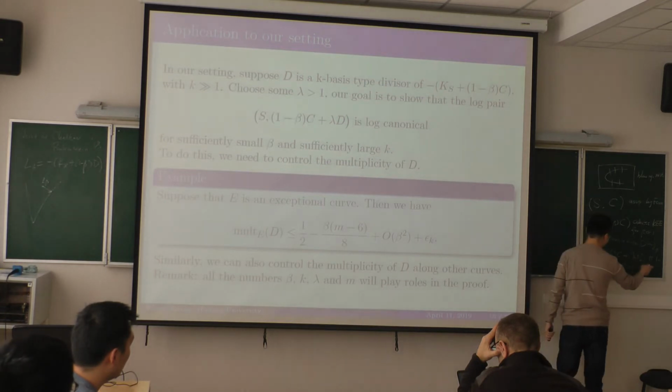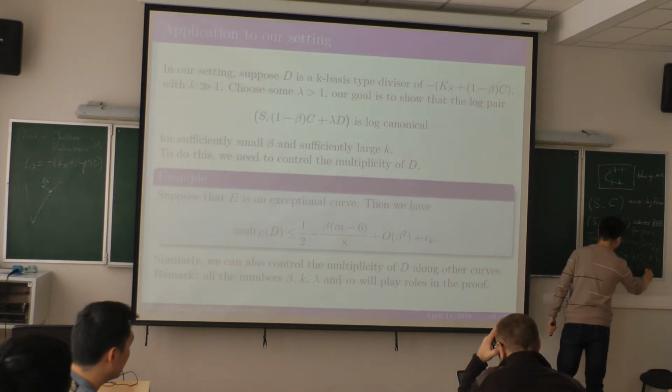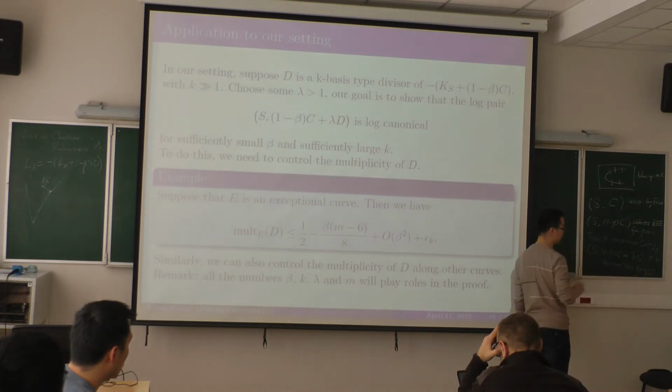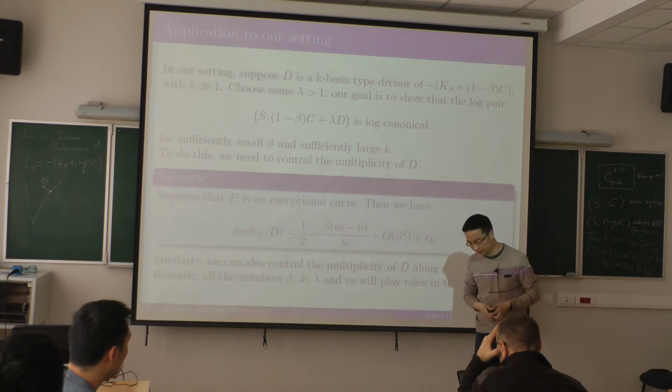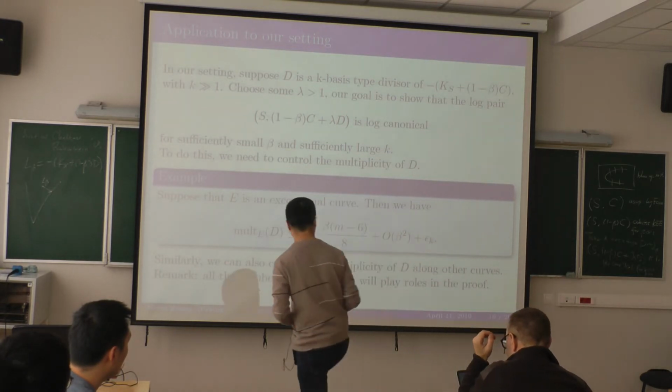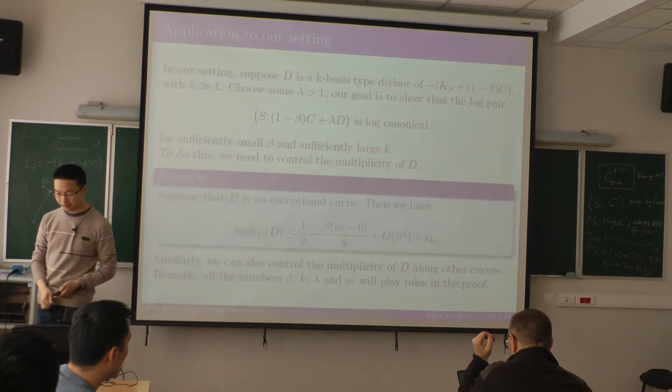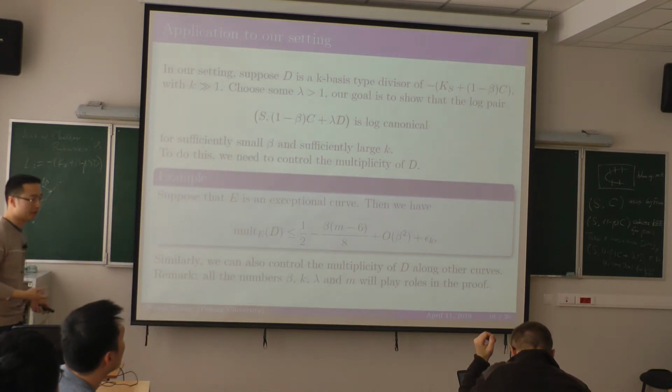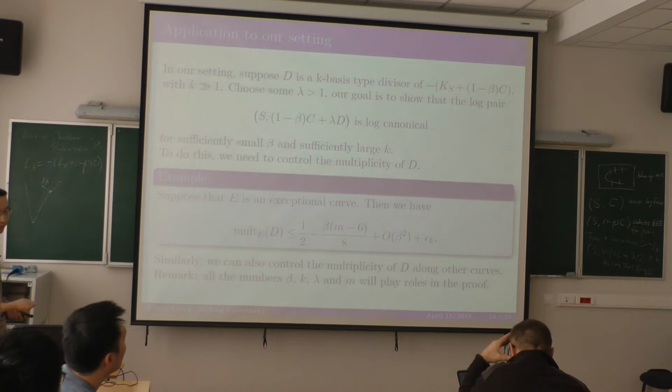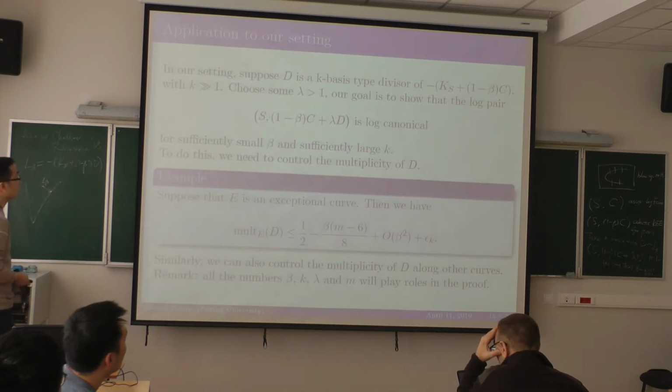If we can do this for sufficiently large k and sufficiently small beta, then we are done, from the definition of the delta invariant. If we can show that this pair is log canonical, then the delta invariant is bigger than 1 for sufficiently small beta. So this is our goal.